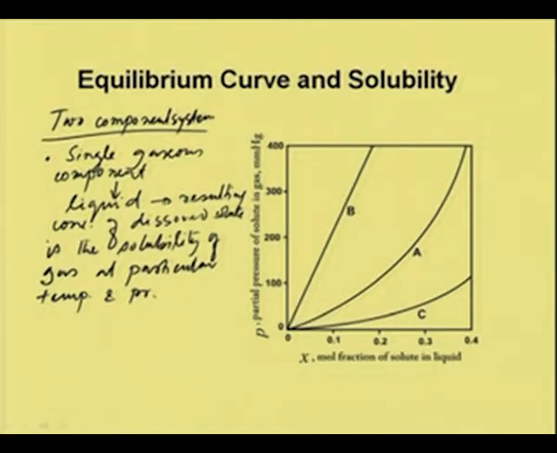So, at a fixed temperature, if we look at this diagram, the solubility concentration increases with increasing partial pressure, as we can see from figures A, B and C. These figures show that different gases have different solubility in the liquid.